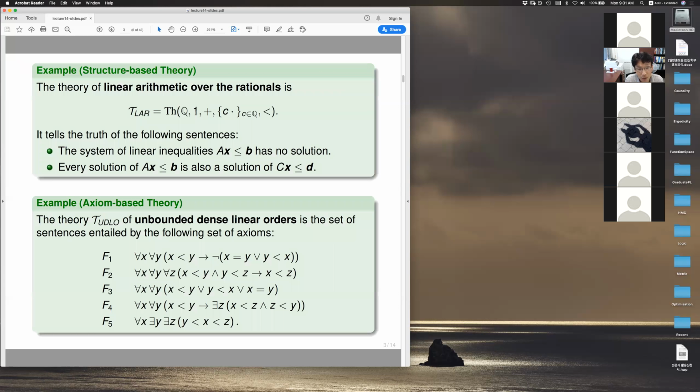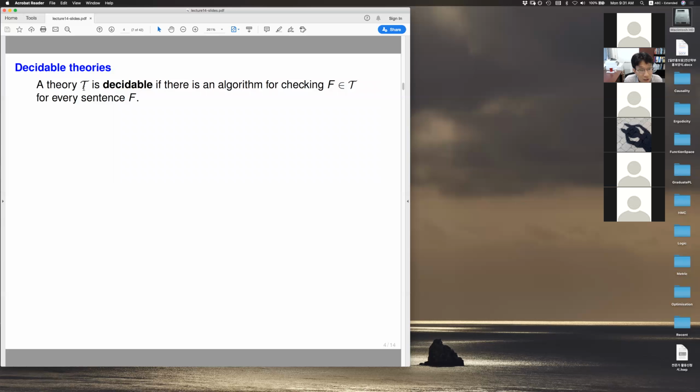They are all specified implicitly by either the first recipe or the second recipe. So the theory T is called decidable if there's an algorithm which decides the membership of a first order sentence in the theory.